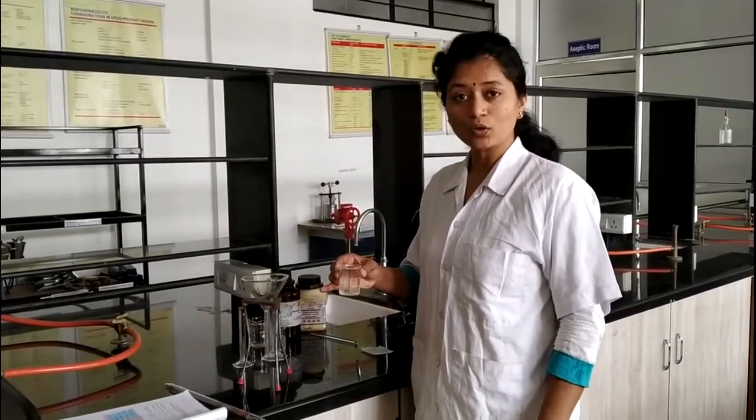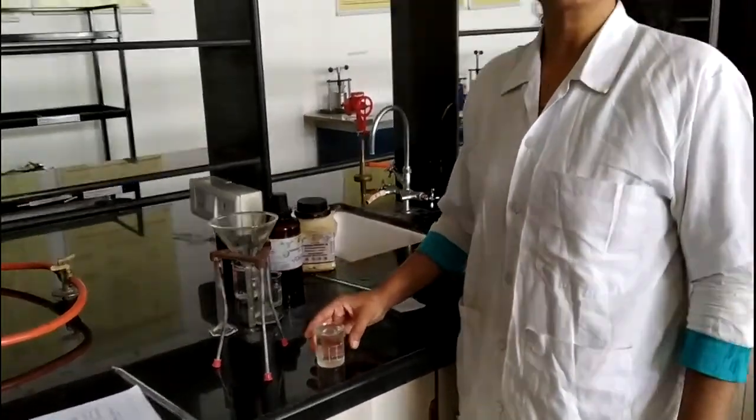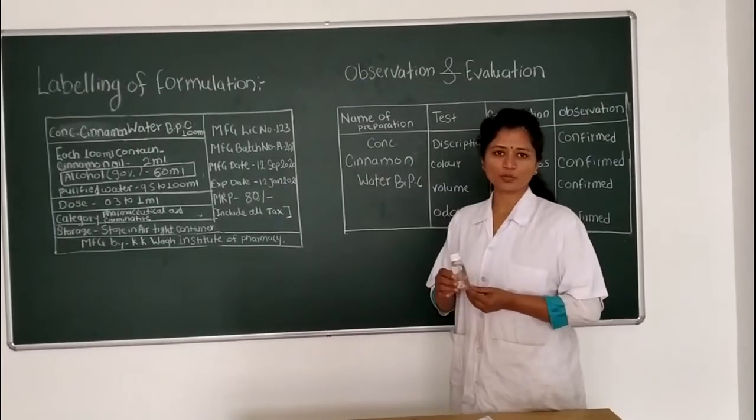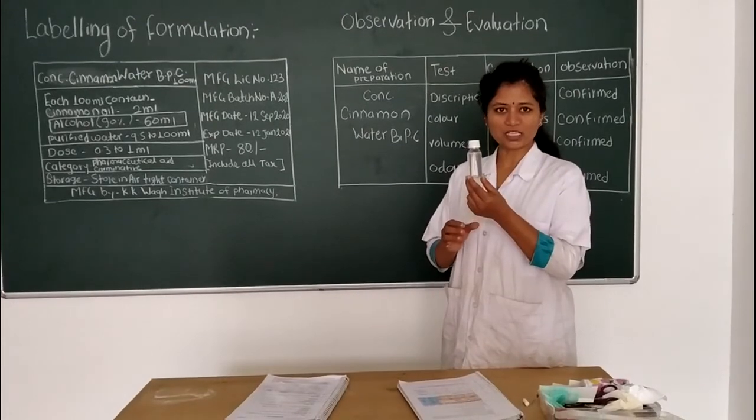This is our concentrated cinnamon water ready, and then we fill it in an appropriate container, that is a transparent bottle. This is our concentrated cinnamon water, which will be filled in a suitable transparent bottle.